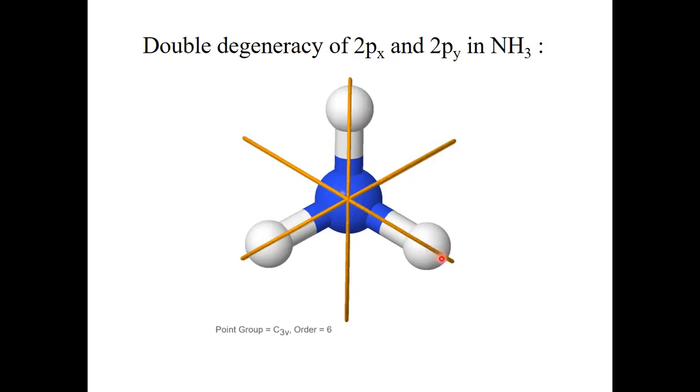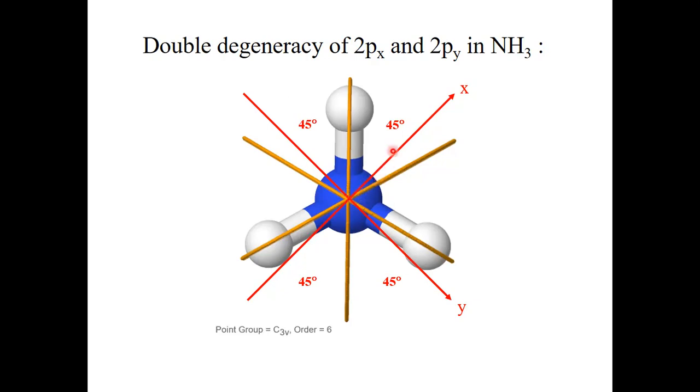So now we can define the coordinate system so that it is rotated by 45 degrees relative to one of the NH bonds, and therefore also 45 degrees relative to one of the mirror planes, in this case this mirror plane. Okay, we can do this because we can arbitrarily define our coordinate system, and we can choose our coordinate system in the way we want.